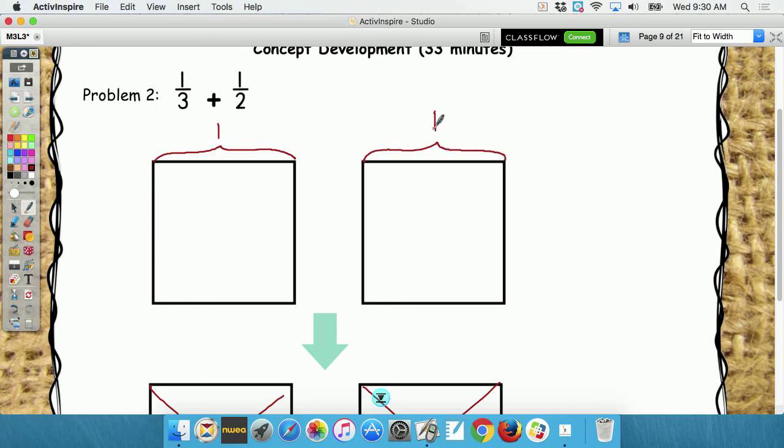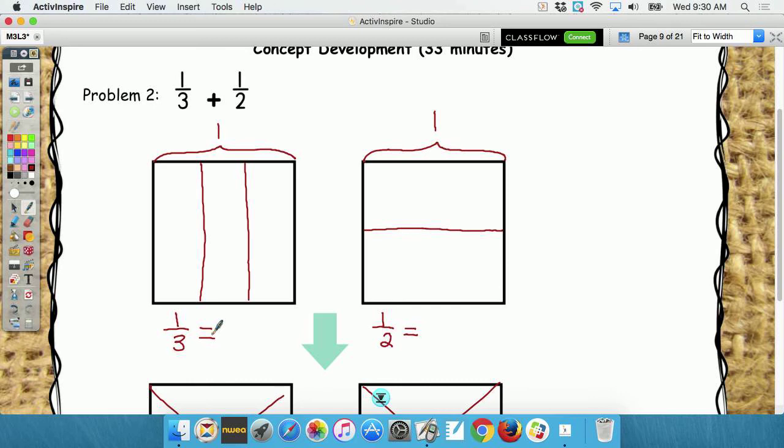I'm going to show one whole, write everything I'm writing. On the first shape, I'm going to cut it into what? 3 equal parts, and I'm going to do it up and down or vertical, okay? The second shape, I'm going to cut it into 2 equal pieces, but I have to cut it across or horizontal.